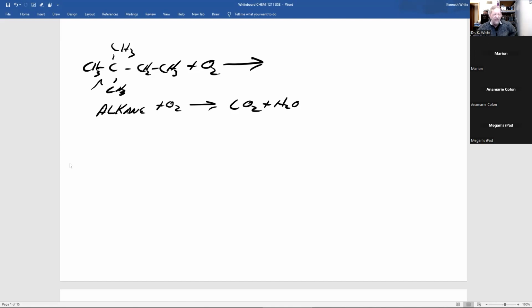And since this is an alkane, you're going to get carbon dioxide and water. You don't have to balance the equation ever in my class. Now, some of my best students, if you look at their tests, under each reaction, they write the general reaction, alkane, oxygen, CO2, water. Some of my best students, if you look at their tests, they don't write that, but they know it up here.